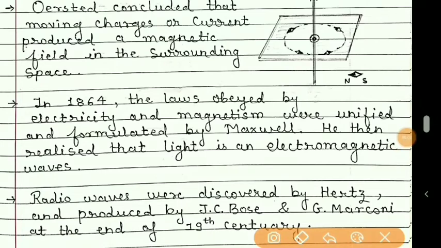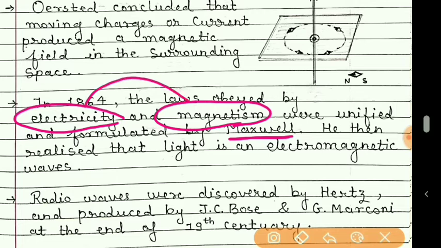Now students, as we know, Maxwell is credited for the unification of electricity and magnetism as one branch, because he made many experiments and gave many laws related to electricity and magnetism, and they showed that they are connected with each other. Means electricity and magnetism cannot be separated from each other, they are interconnected.